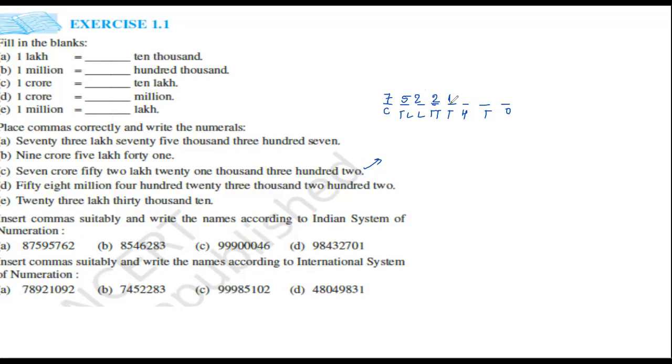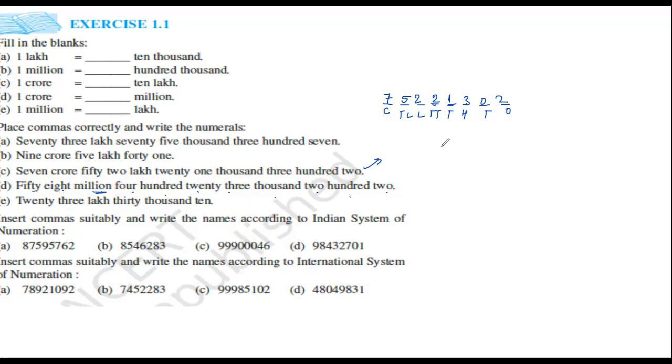Because he is saying 2 digits, so I'll start writing from here. 300, right? B part.